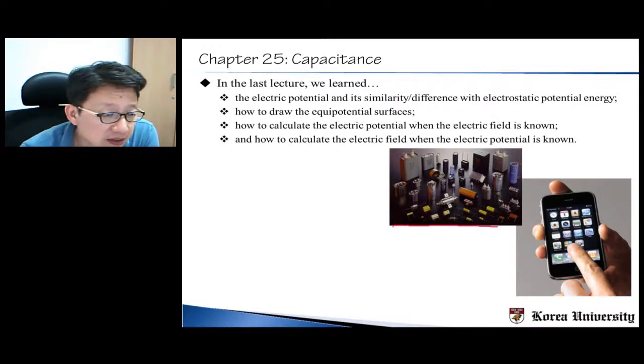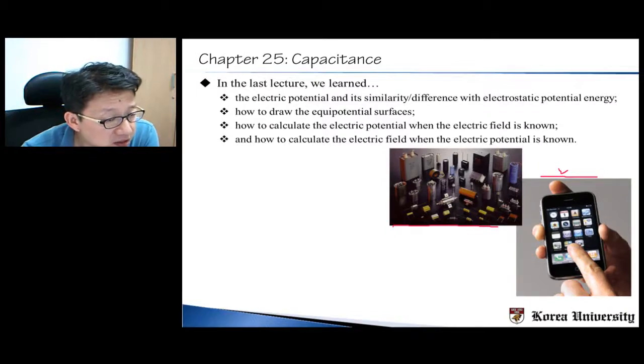Okay, and there's another photograph which shows a smartphone here. I think many of you already have your own smartphones. And why is the smartphone shown here? What do you think is the reason? In fact, the reason is this touch screen of the smartphone. You can control this smartphone by touching its screen with your fingers.